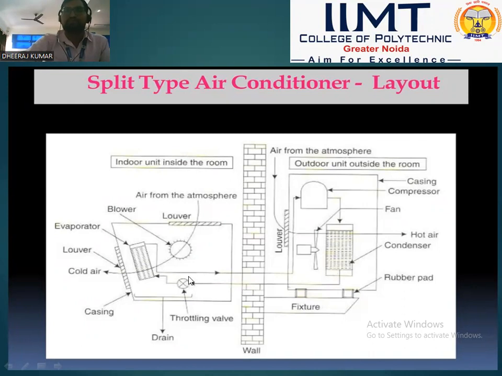The throttling valve is called the expansion device. During the expansion, liquid refrigerant pressure and temperature decrease. Low pressure and low temperature refrigerant is supplied into the evaporator.